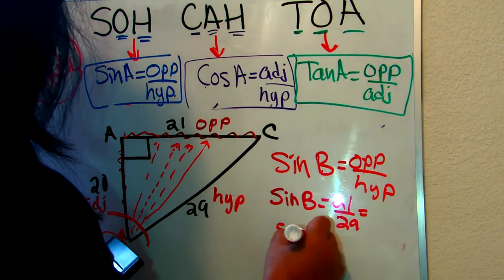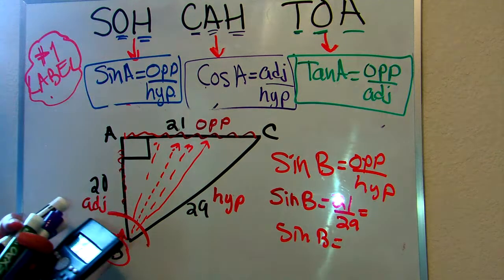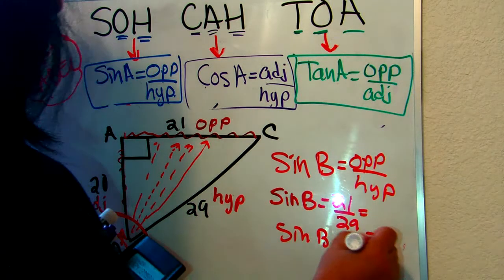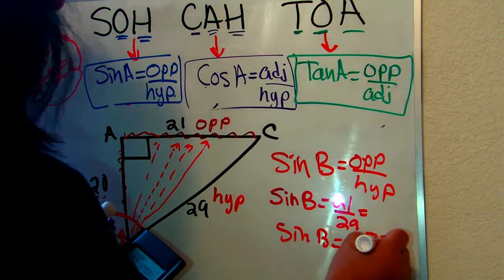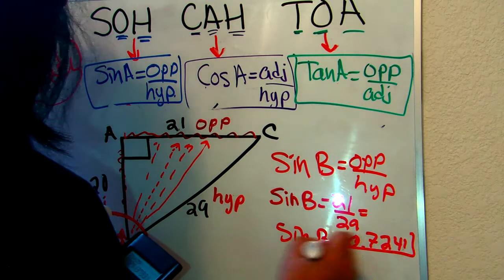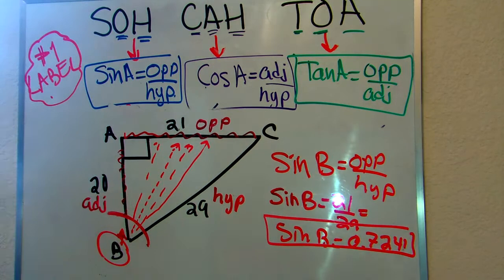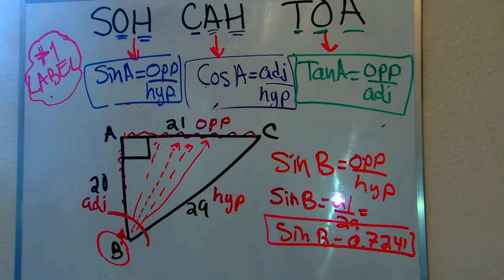So sine of B is 0.7241. Okay, all right, so now let's do the second one. What is the second instruction for the second triangle?